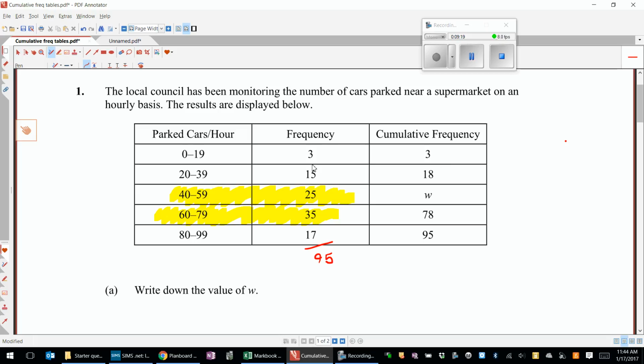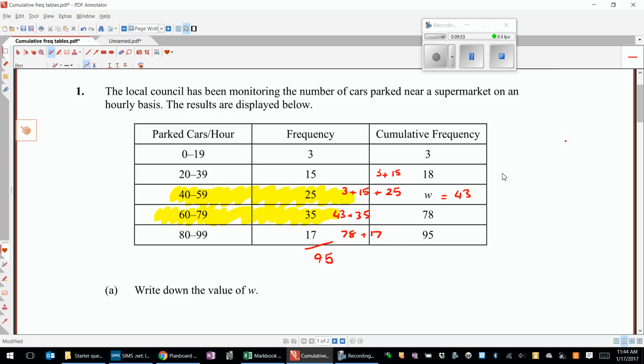So this would be 3 plus the 15, and you add 25 plus 18. So I'm just going to write it in full. This one, W, would be 3 plus 15, which is 18, plus the 25, which would give me W. And it should be then that 43 add 35 makes 78, which it does. And then 78 plus 17 makes the 95.